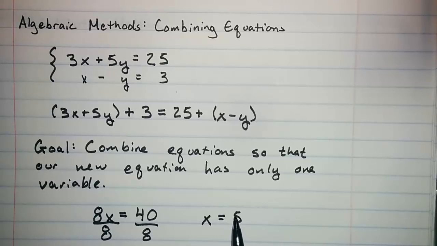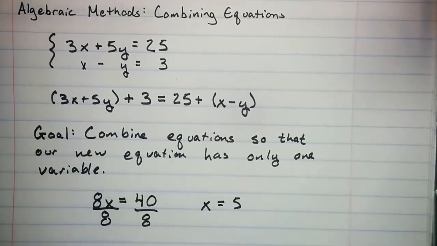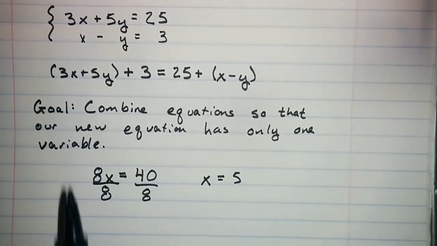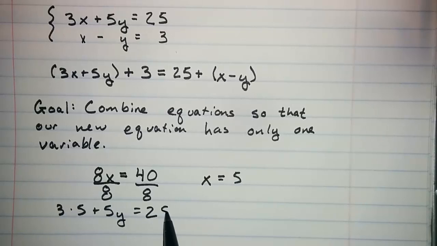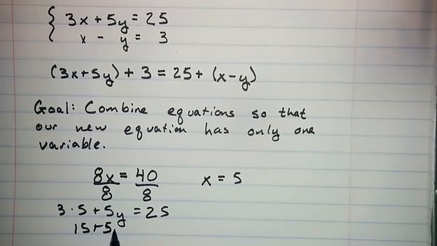But then once we know that x equals 5, well, we know that 3 times 5 plus 5y equals 25. 15 plus 5y equals 25. How do we find y?